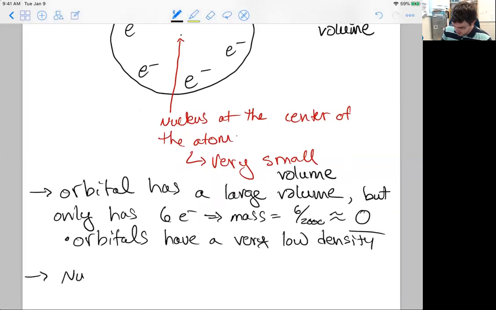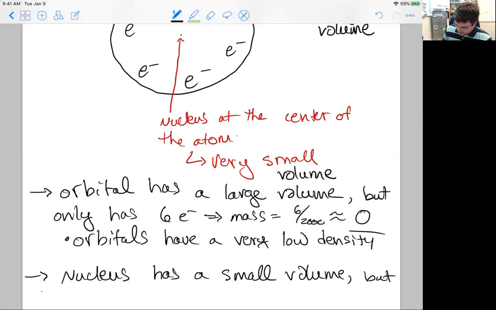Conversely, the nucleus has a small volume, but has 6 protons and 6 neutrons for a mass equal to 12.